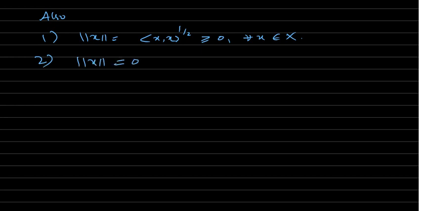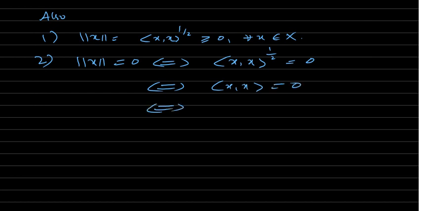It's by definition a non-negative square root, so it's always greater or equal to 0 for all x belonging to X. And second, norm x is equal to 0 if and only if inner product of x with x, by definition, is equal to 0, and by definition of the inner product, inner product of x with x is 0 if and only if x is equal to 0. So norm is 0 if and only if x equals 0.